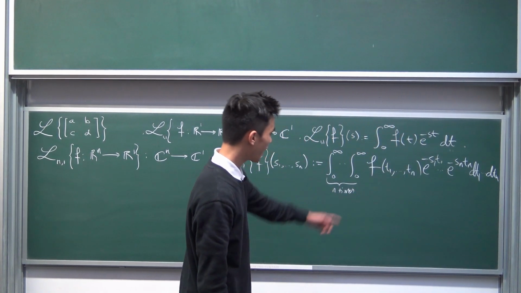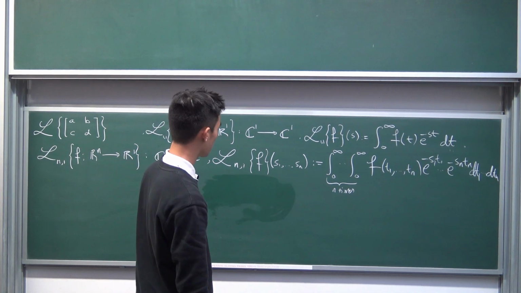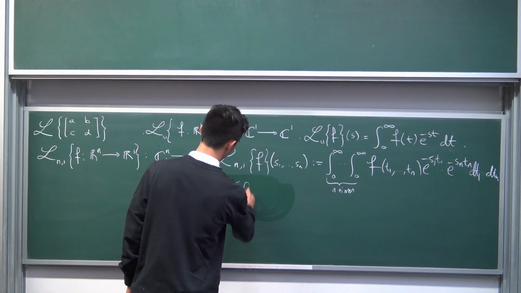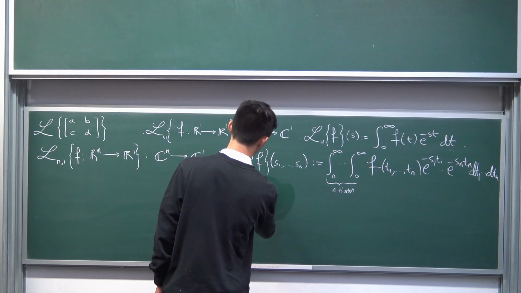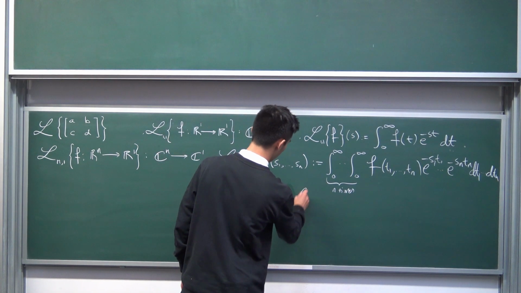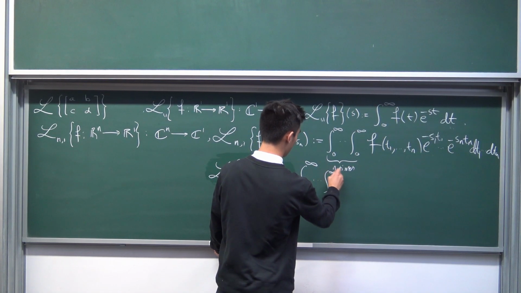Okay, and this guy over here, we can probably write it in a bit more of a nicer way. So you may notice we have s1 to sn here. Well, let's just rewrite that as some s vector, so we'll just write it in this fashion like so. And yeah, this is equal to the integral from 0 to infinity. And then this goes n times over here.